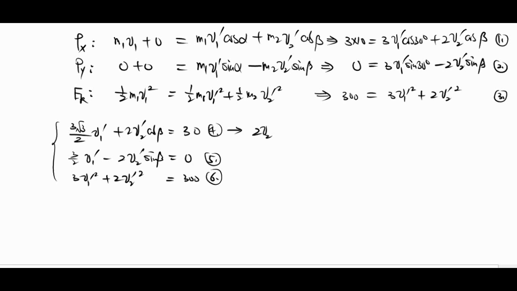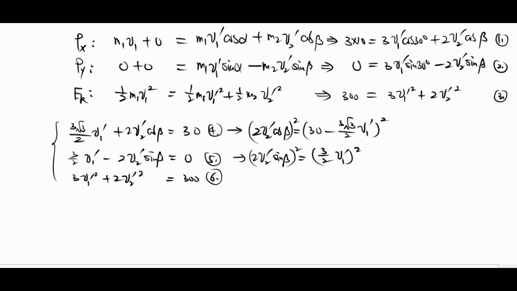So 2 V2 prime cos beta equals 30 minus 3 root 3 V1 prime, and then we square both sides. Same thing, we isolate 2 V2 prime sine beta, which is equal to 3 over 2 times V1 prime. Then we square both sides of the equation. Let's call them 7 and 8. And then we add 7 and 8 together.